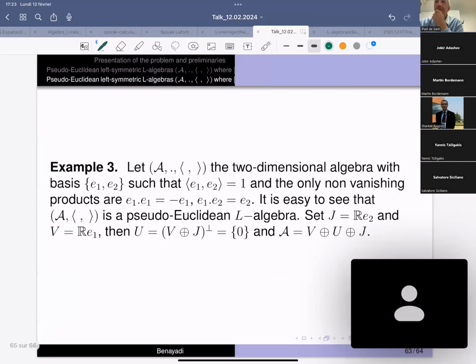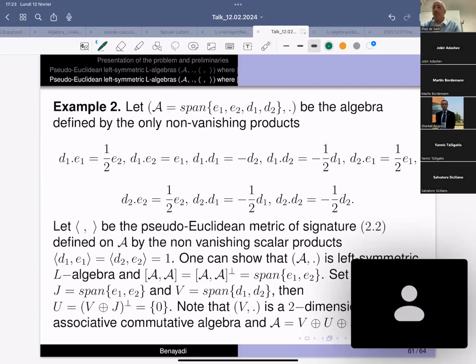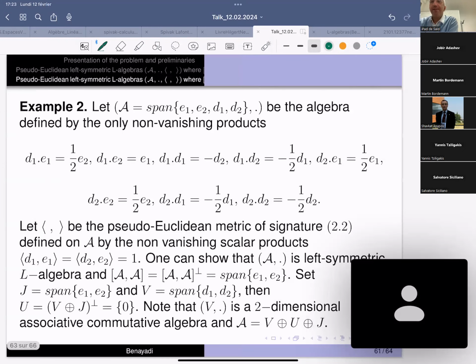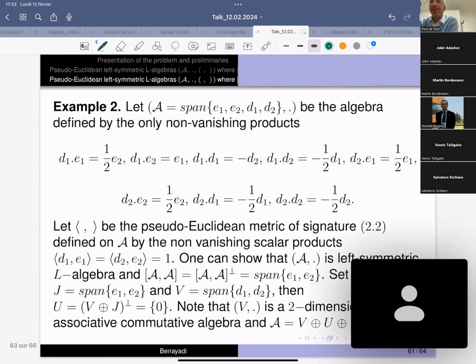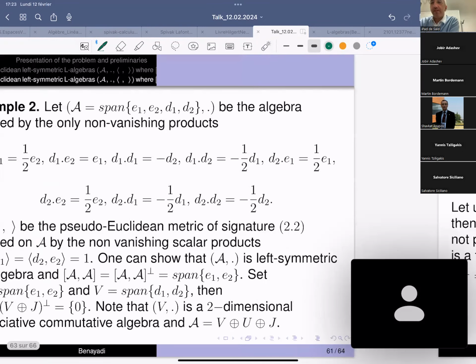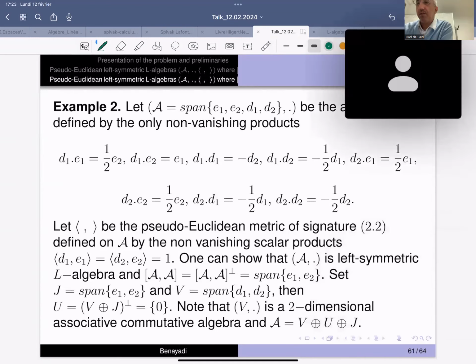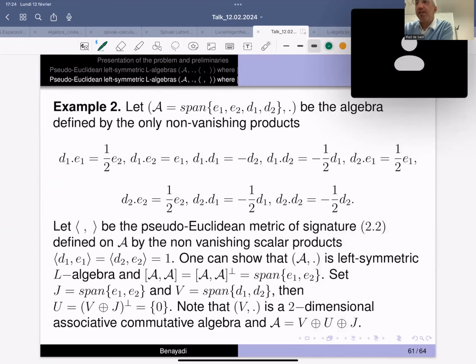No, example. You can just take this example. So, if you consider a four-dimensional algebra, we can prove that this four-dimensional algebra with this product is just a double extension. Okay, with this, and this one is 0.